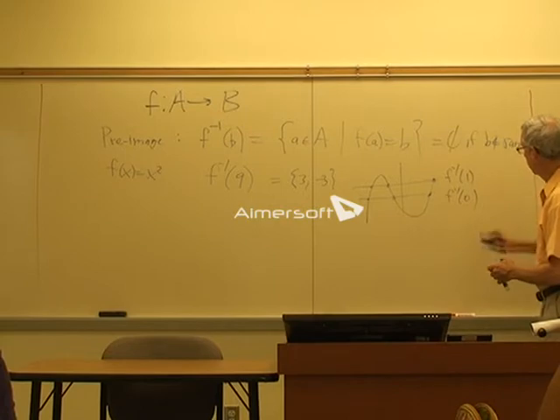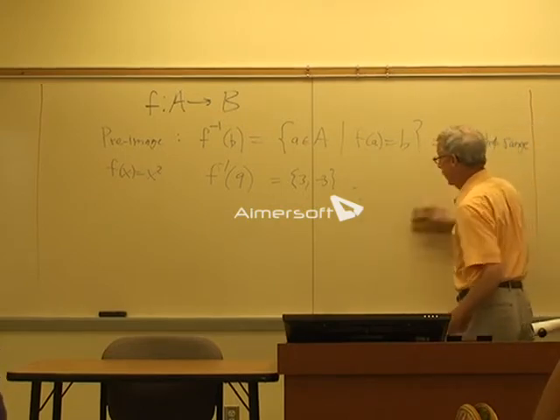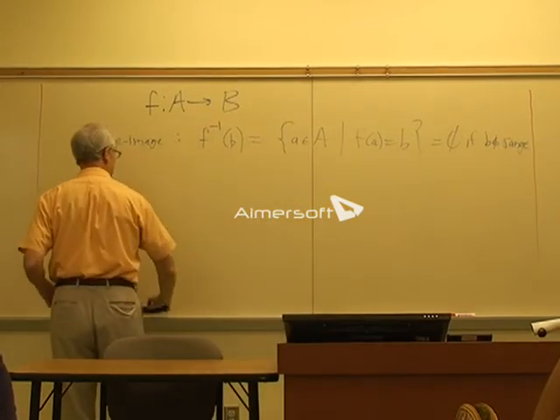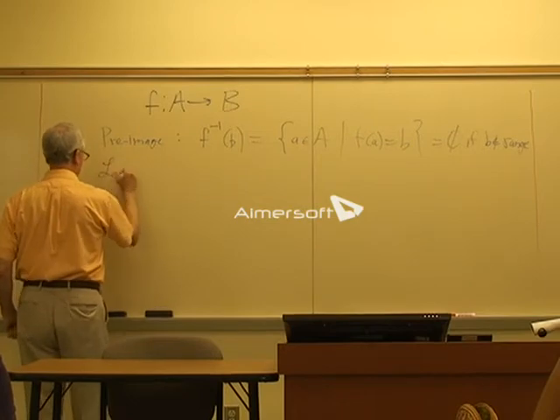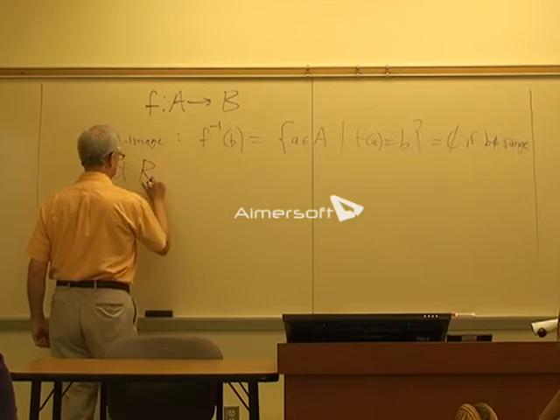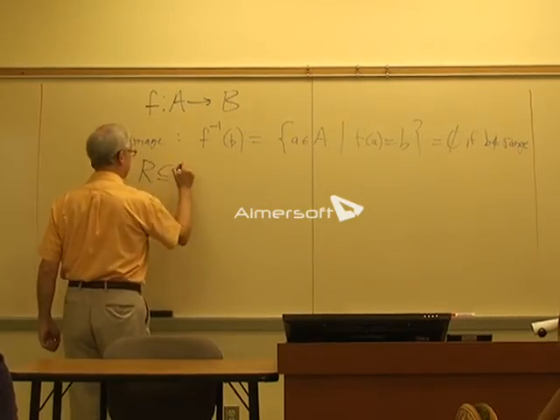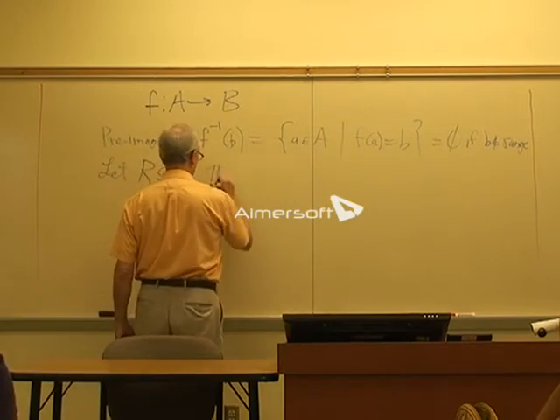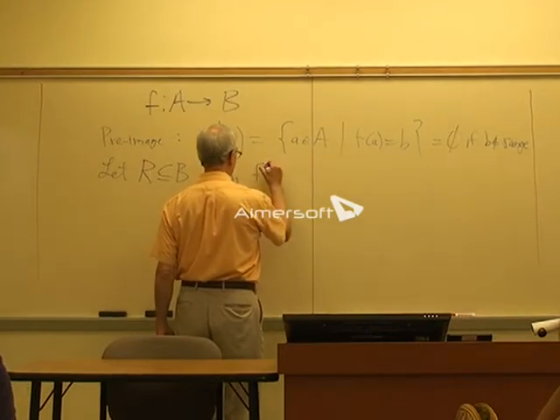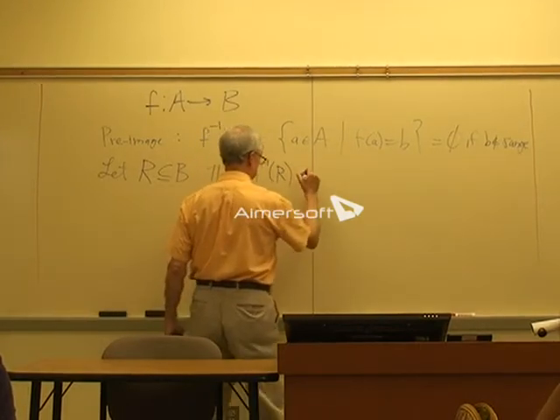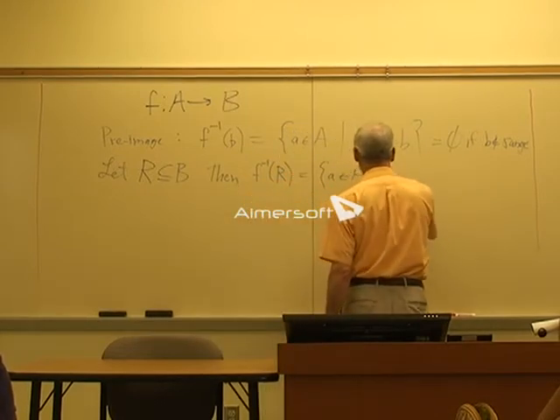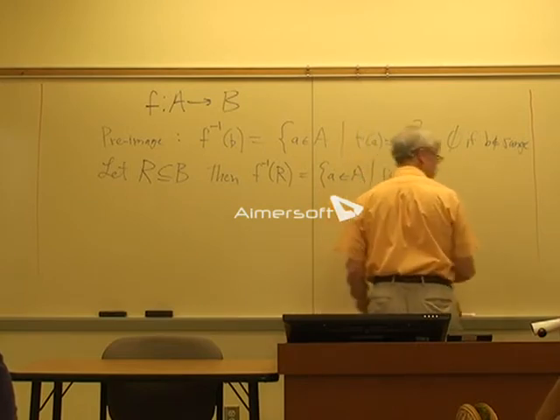Okay, I'm going to extend this now to the pre-image of a set, and it's the same idea. Suppose R is a subset of B, then the pre-image of R is the set of all A in A, the set of all elements in the domain, such that f of A, now what do you think?